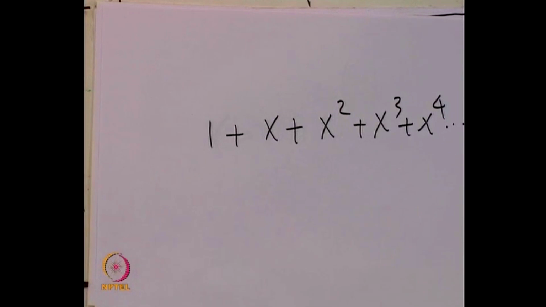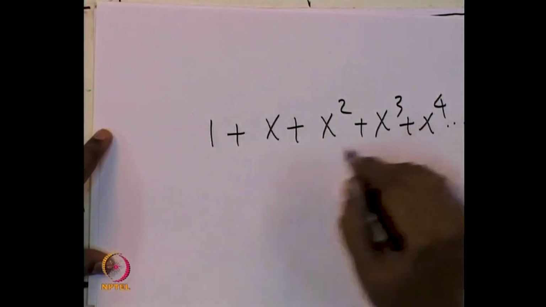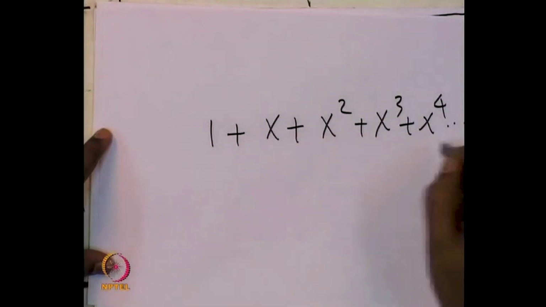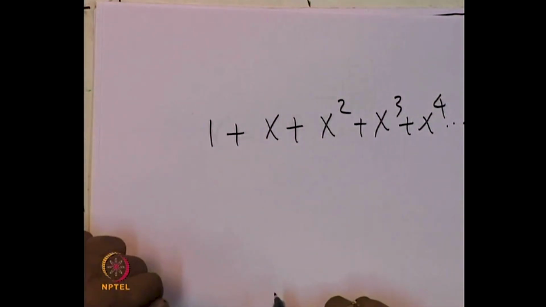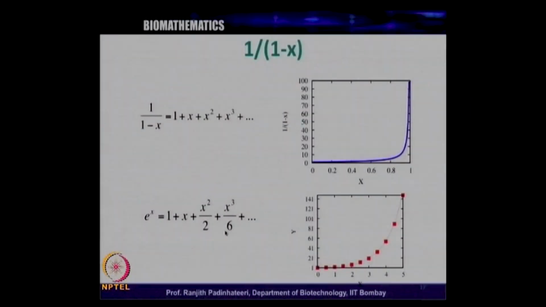When we said e power x, we had some coefficients divided by something, but without any of this, if we just write this, does this give anything? It turns out that it does. Let us have a look at this.